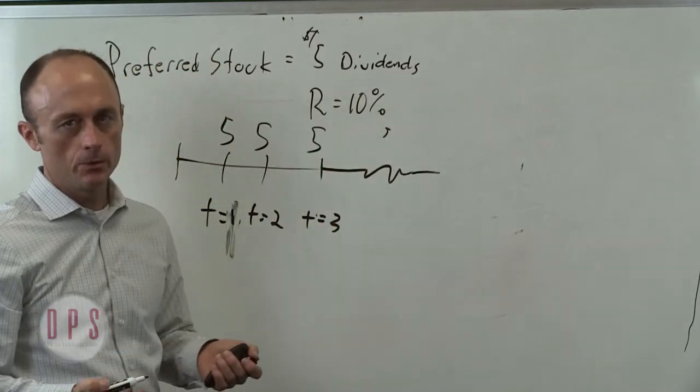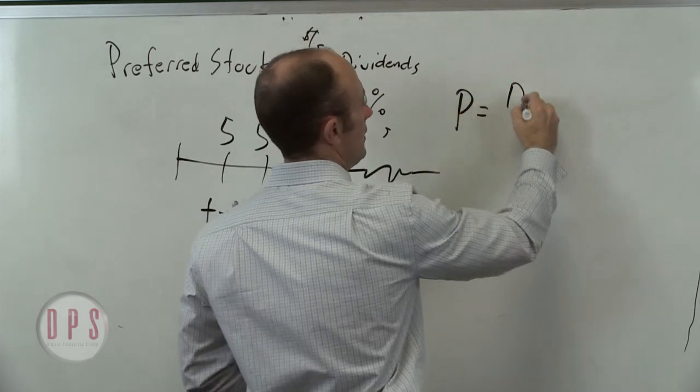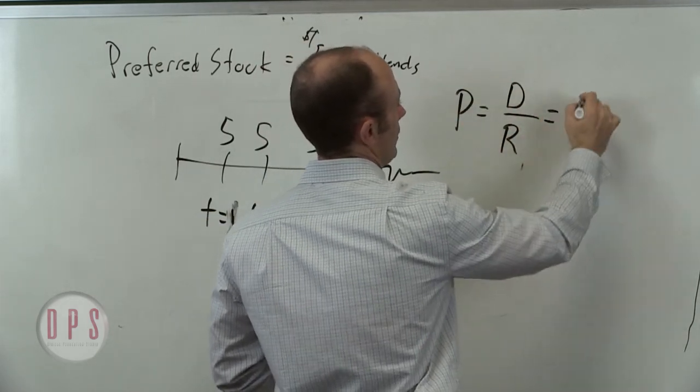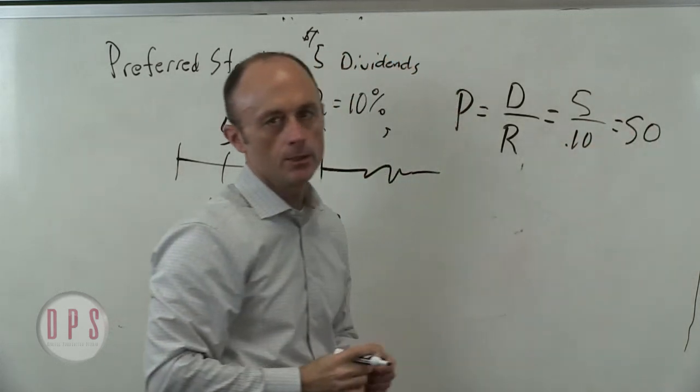Well, we can just use our perpetuity model then. We can just say the stock price is equal to the dividend divided by R. So 5 divided by 0.10, that stock's worth $50.